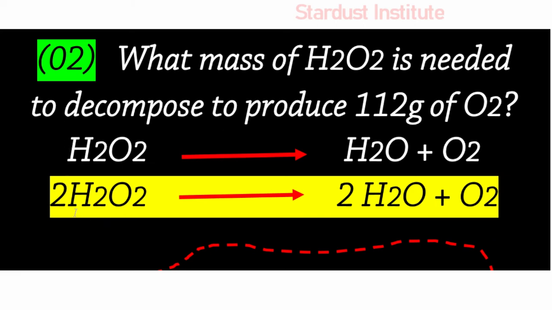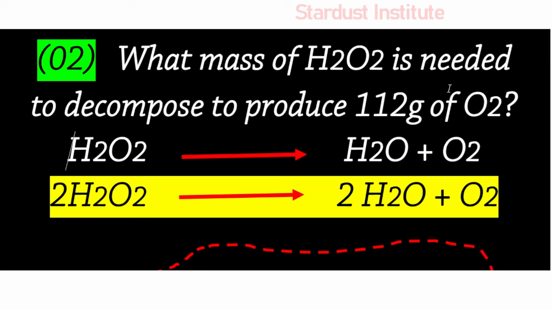2H2O2 on the left hand side, on the right hand side 2H2O plus O2. Balanced: on the left hand side 4 hydrogens, on the right hand side 4 hydrogens, on the left hand side 4 oxygens, on the right hand side 4 oxygens. We know to produce 1 mole of oxygen, we need 2 moles of hydrogen peroxide.